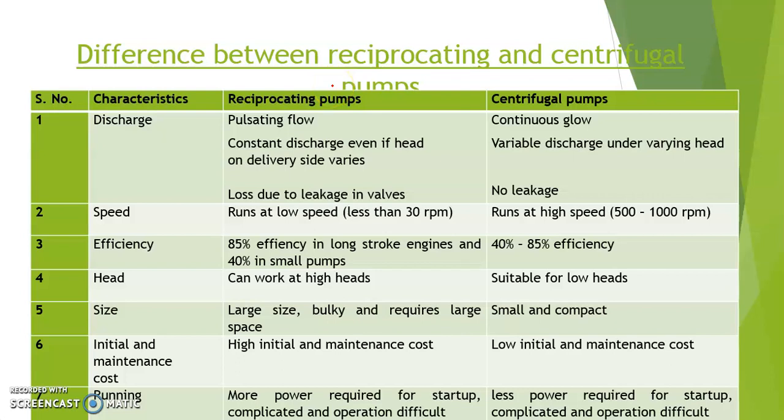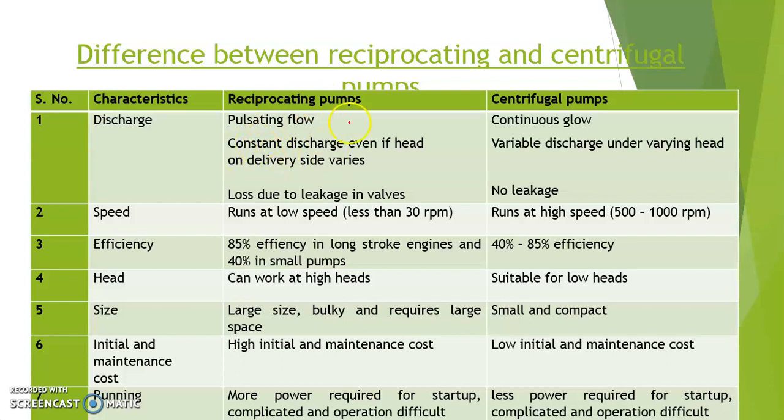Then the difference between reciprocating pump and centrifugal pump. On several bases, we can differentiate between them. On the basis of discharge, in a reciprocating pump the flow is pulsating. That means flow is varying, it is not continuous. And in a centrifugal pump, there is a continuous flow.